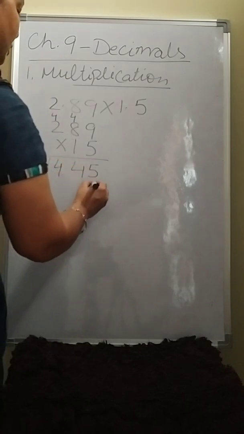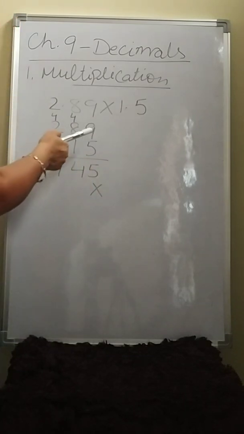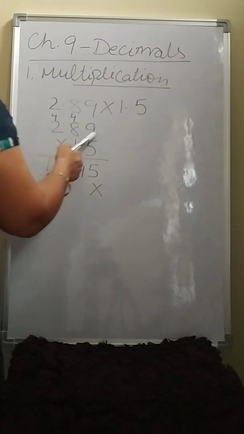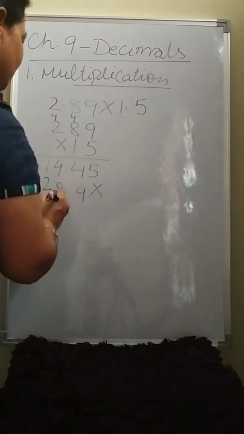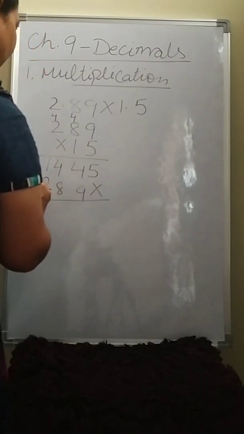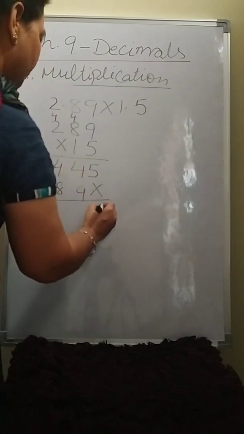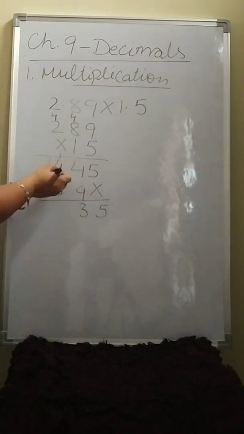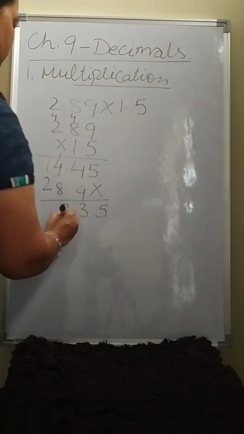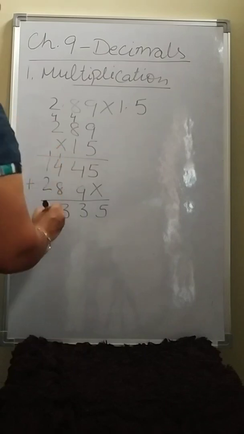In the next line, first we will put a cross. Then we will multiply all these digits by 1. 1 9 is 9, 1 8 is 8, 1 2 is 2. So we will add these two lines. Here 5. 4 and 9, 13. Here 1. 1 and 4, 5. 5 and 8, 13. 1 here. 1 and 1, 2 and 2, 4.